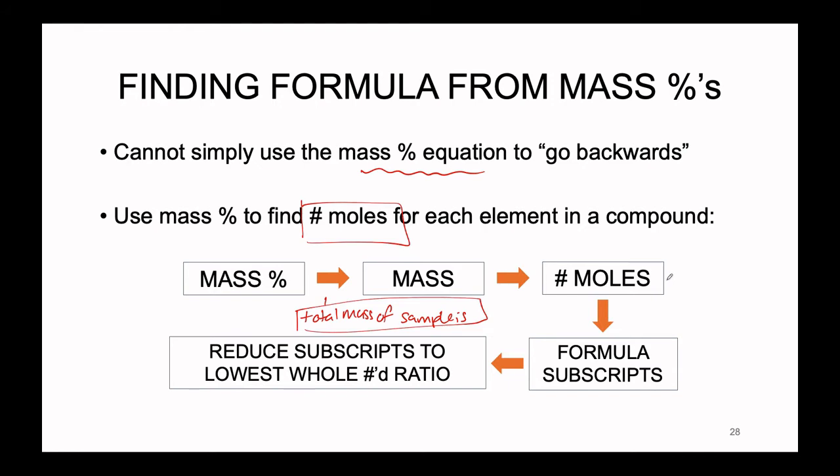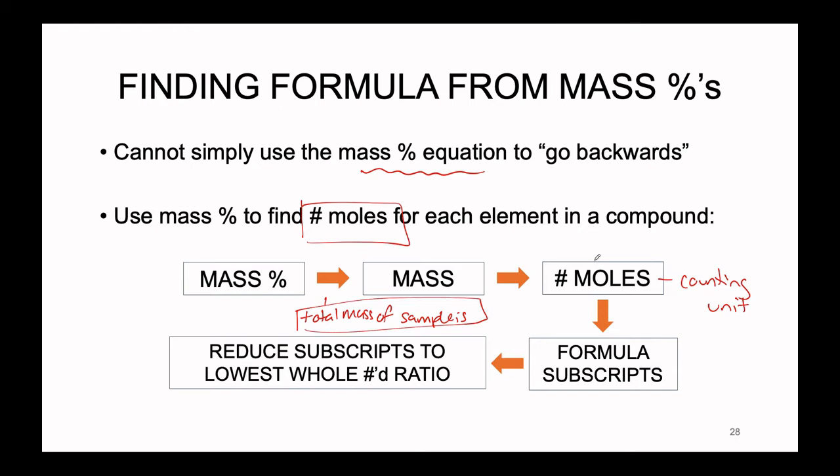Now, the important thing about getting into the mole is, as a reminder, the mole is a counting unit. It deals with amounts of things, not masses, not weights, but numbers of things. So if we start with mass percent, and use it to convert into mass and then moles, what we are literally doing is figuring out, if we're starting with like 10% of mass comes from hydrogen, bada bing, bada boom calculation, that must mean that I have 4 moles of hydrogen.